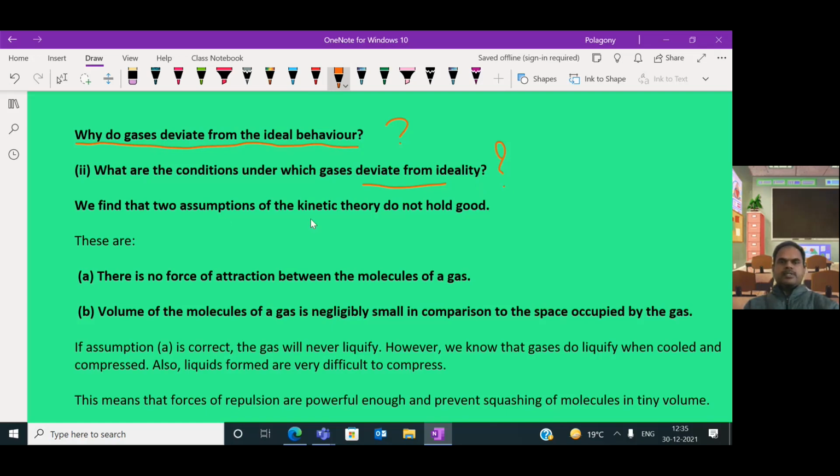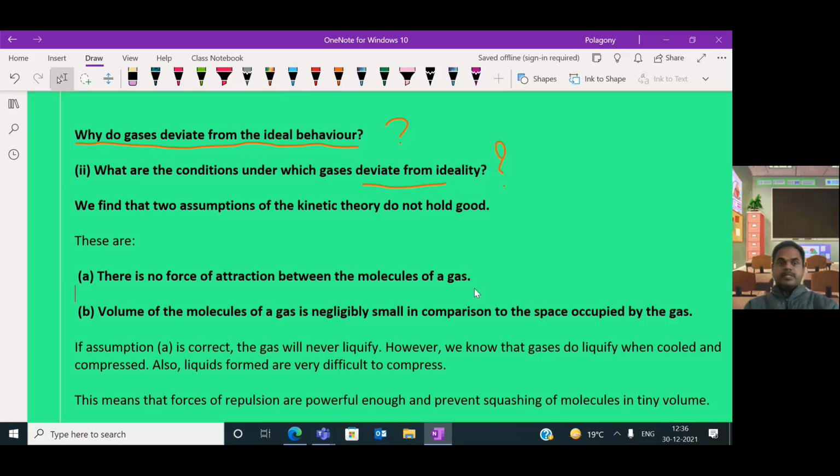We find that two assumptions of kinetic theory do not hold good. In an earlier class, I was discussing the kinetic theory of molecular gases. If you focus on two things, we'll understand. There is no force of attraction between the molecules of a gas.